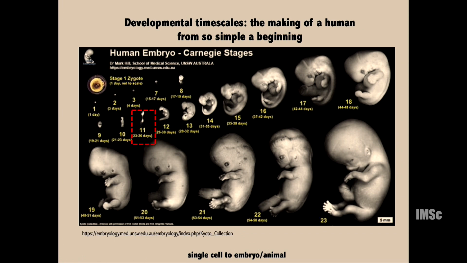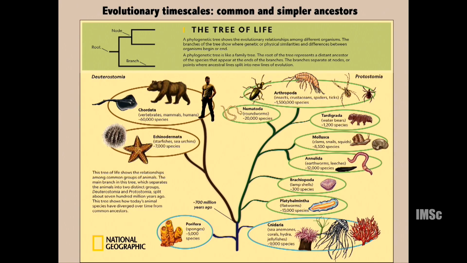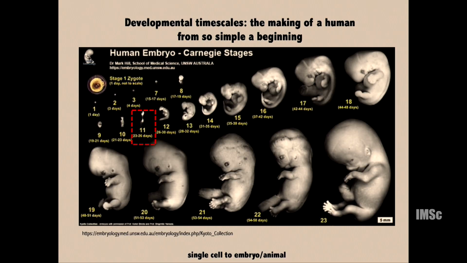The thing that we've been interested in is the development of form on a developmental time scale, and by that I mean during the time over which a single-celled embryo and zygote actually acquires the form of the organism it's going to become.